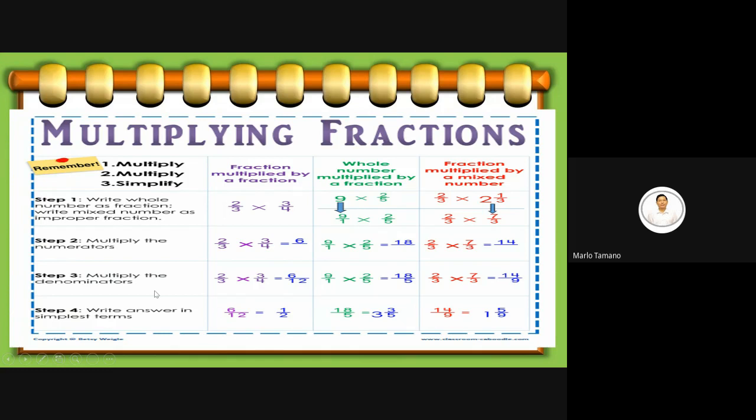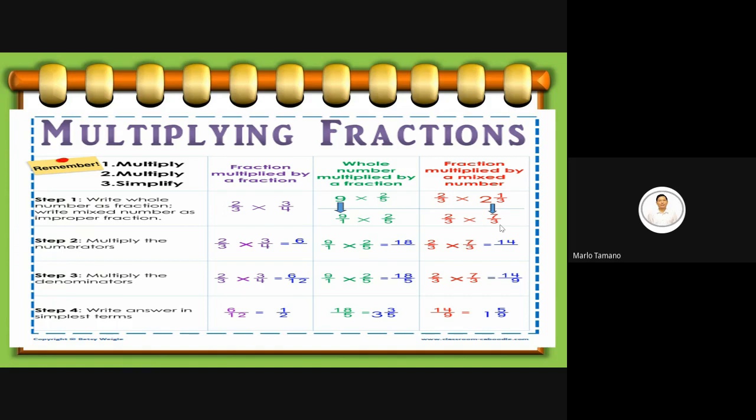So 3 times 2 is 6. Then add the numerator of the fractional part. So again, 3 times 2 is 6 plus 1 is 7. So 7 over 3 is the equivalent of 2 and 1/3.